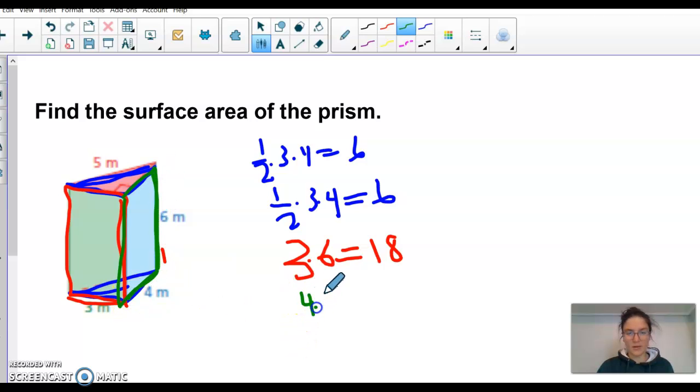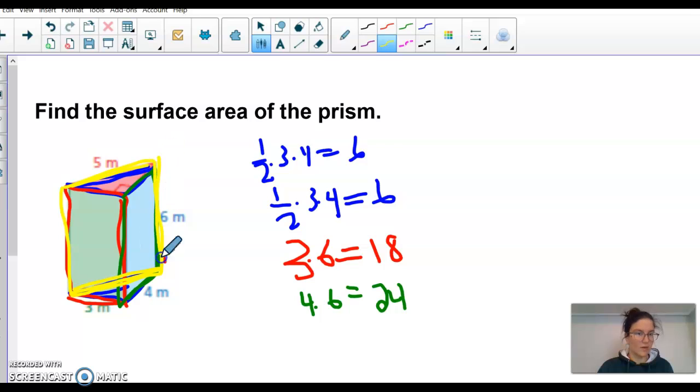So 4 times 6, and that's 24 because it's a rectangle. And then let's do the back of it. We have this length, which is 5, because the top is telling us 5, and then the height is 6, so 5 times 6, and that's 30.